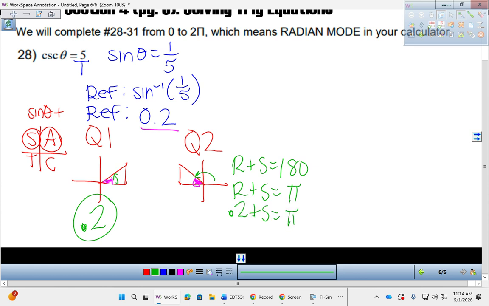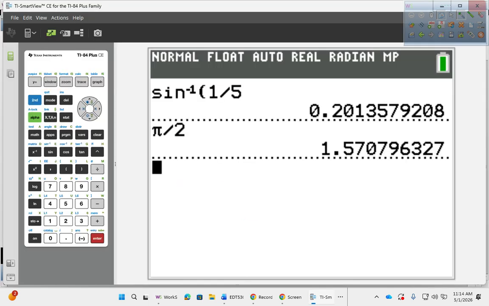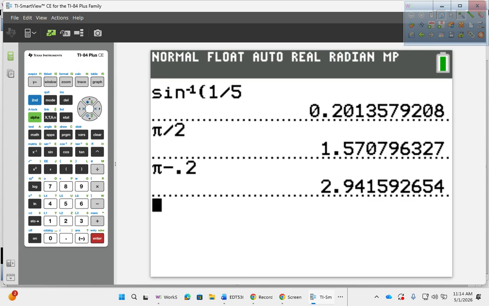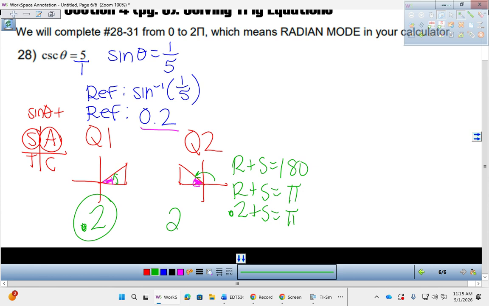So I'm not doing 180 minus 0.2. I'm doing pi minus 0.2. And you can just type that in your calculator and you can round it because it's going to be a decimal. Pi is irrational. So second, and then this caret button, minus 0.2. So 2.94 would be this answer.